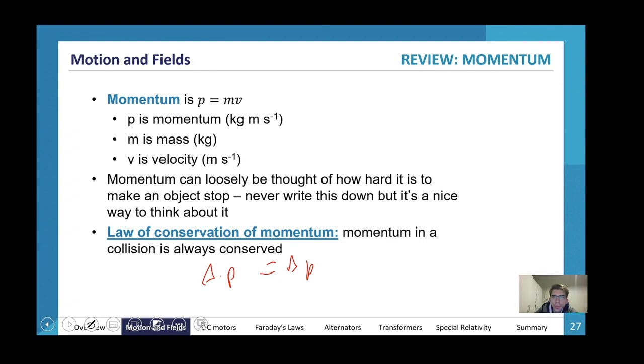I would highly recommend you guys draw graphs. So what happens before collision?